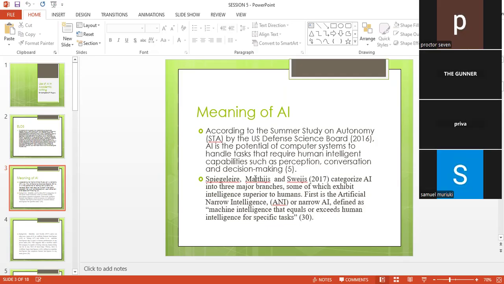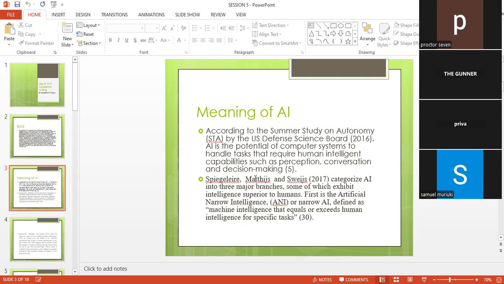Spengerie, Mathis, and Swegis 2017 categorized AI into three major branches, some of which exhibit intelligence superior to humans. Yeah, and some of these AI categories are more intelligent than human beings.